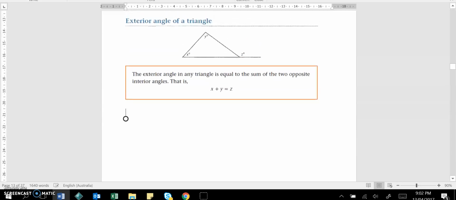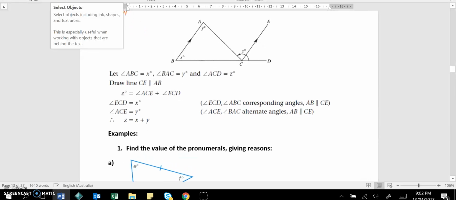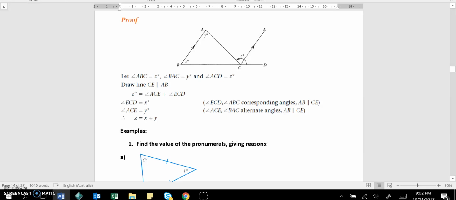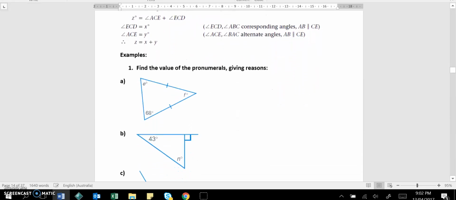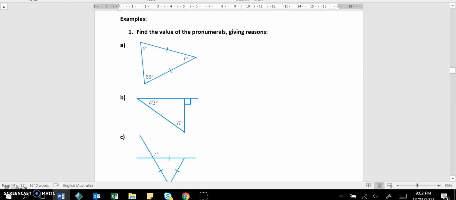Why is that rule true? There's a proof of that here. Again, these proofs are just from your textbook, and I've put them in here for you to have a look at and see if you can understand after reading them. It is important that you know them, but for the purposes of this video, we won't spend time going through it now. If you read it and you're not sure, please do ask me.